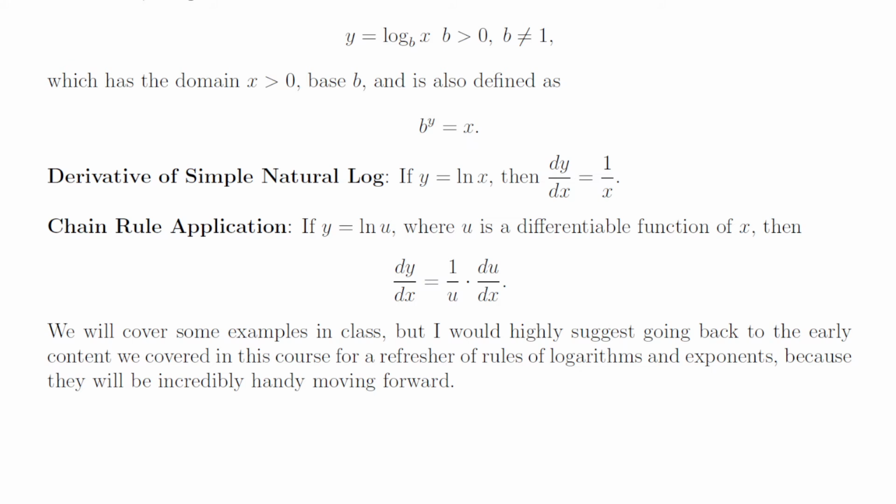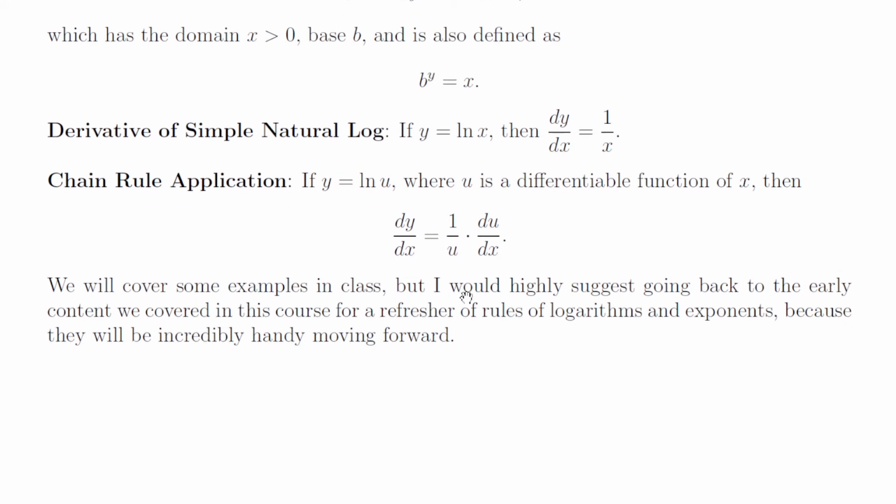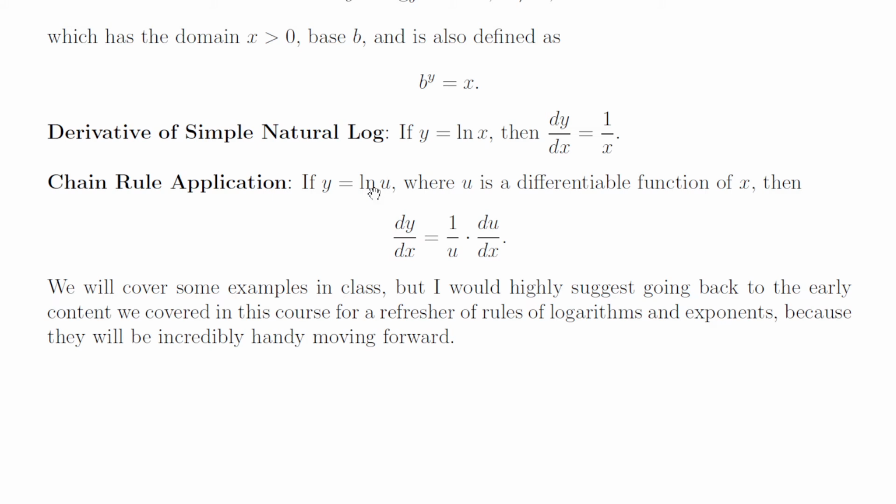The chain rule is a nice application of this because suppose that u is a function, in this case a differentiable function of x. The derivative of the natural log of u is simply 1 over whatever that function is, times the derivative of that function.